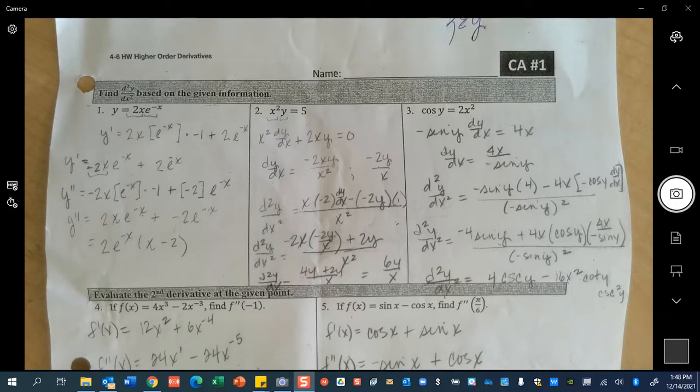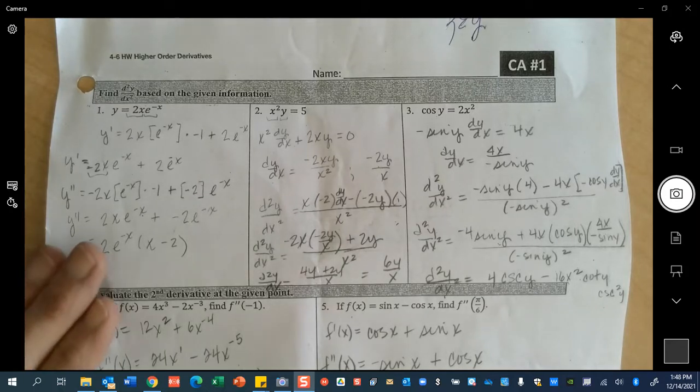And then times, the first term times the derivative of the second, because this -1 is the derivative of that. First term times the derivative of the second plus the derivative of the first term, which is 2, times the second.